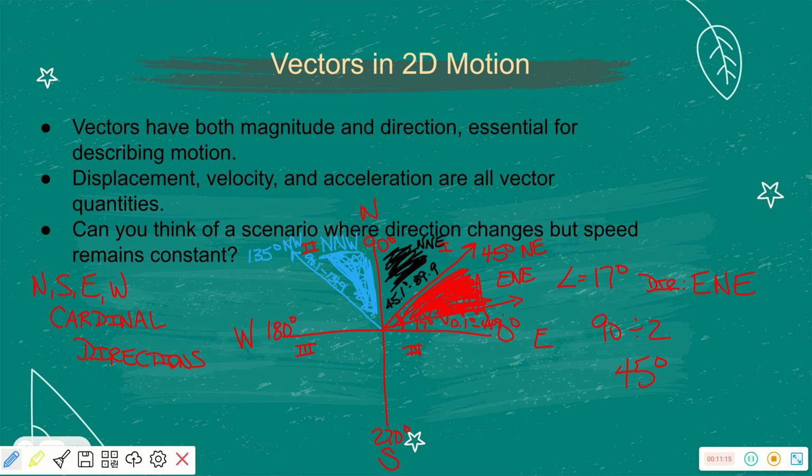Now, your midpoint's 135. You're going to come here, 135.1 to 179.9. And everything in here? West-northwest. Yes, good, Aiden, is moving west-northwest. Good job.